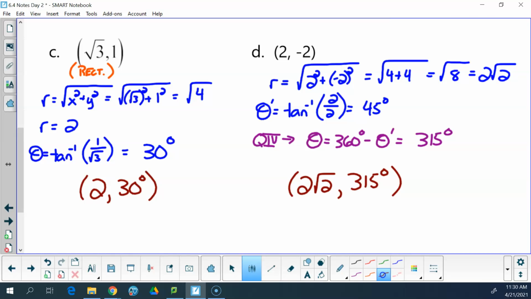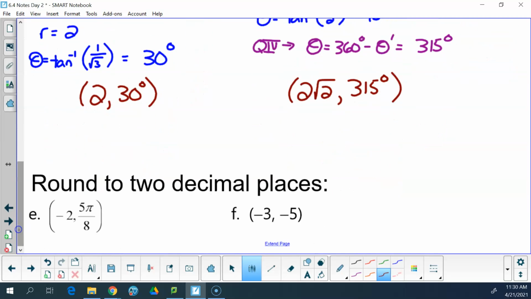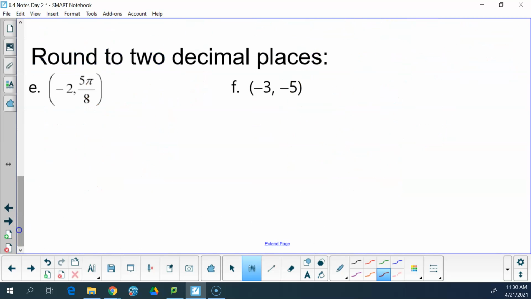None? Okay. E is in polar, so we need to put it into rectangular.